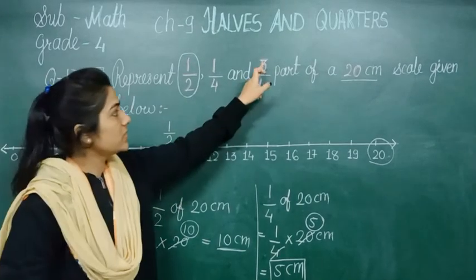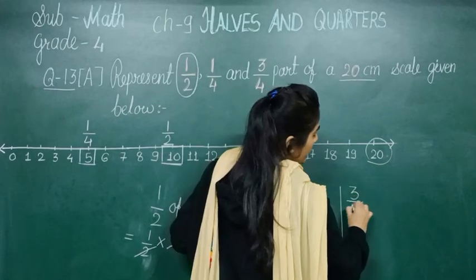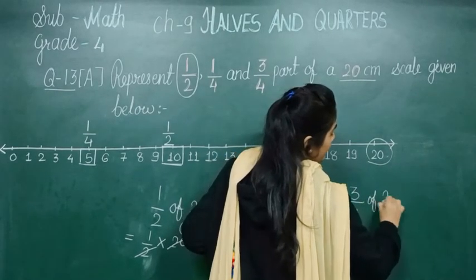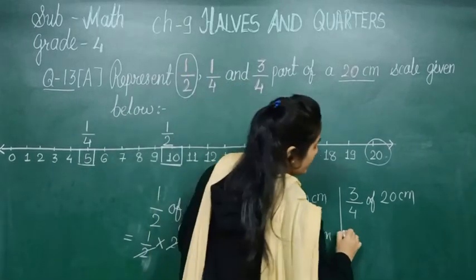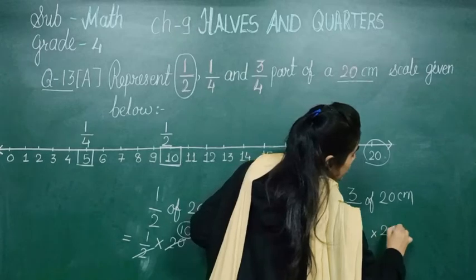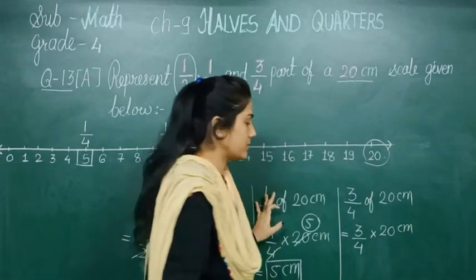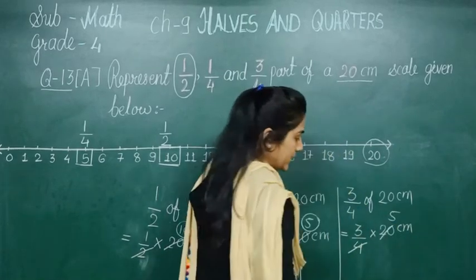Now the third one is 3 upon 4 part. 3 upon 4 part of 20 centimeters. The same method we have to follow. 3 upon 4 multiply 20 centimeters. Again 4 5s are 20.